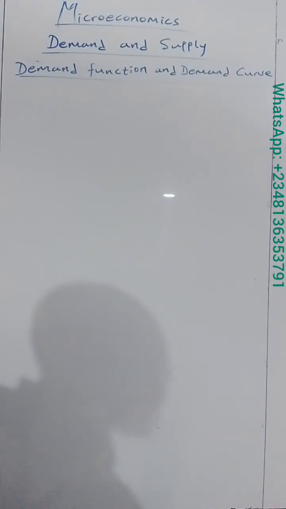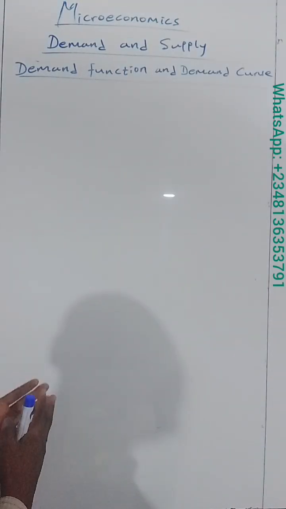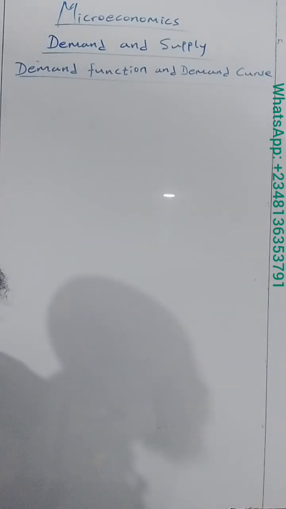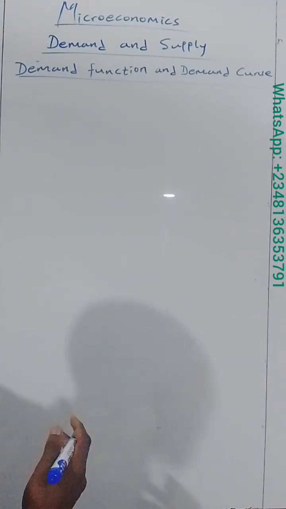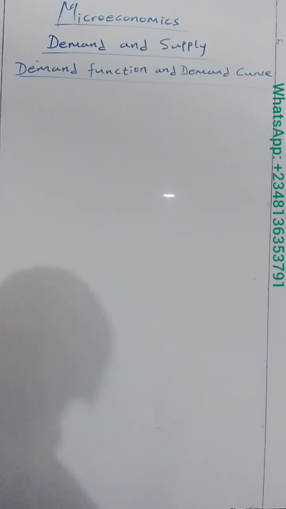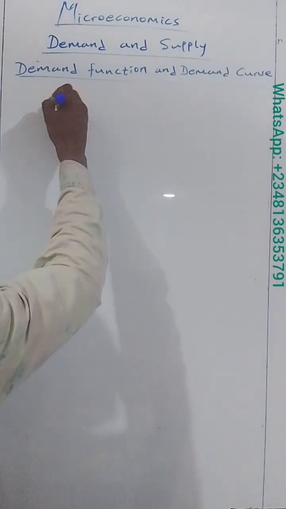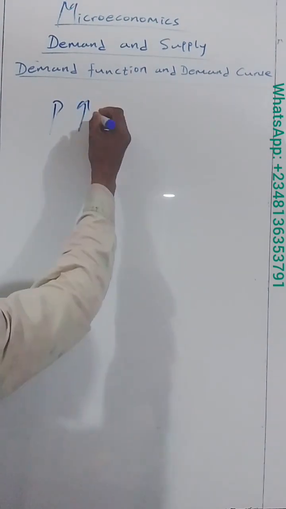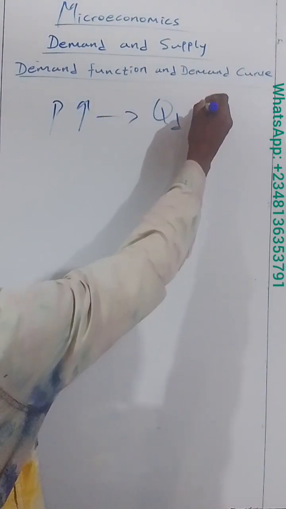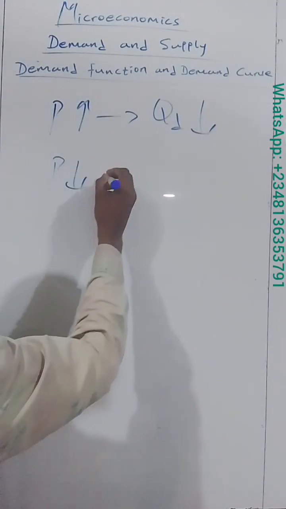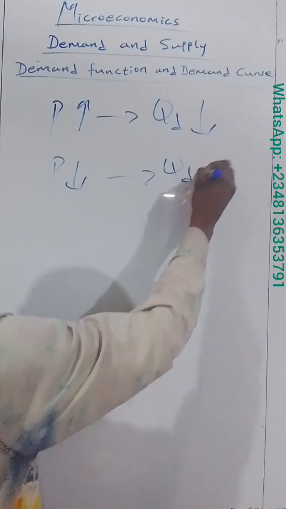Now, can we express the relationship between this quantity demanded and the price of the commodity, and also include the other factors that can affect the quantity demanded? From the law of demand, we state that when the price is higher, the quantity demanded will fall, and when the price is lower, the quantity demanded will rise.